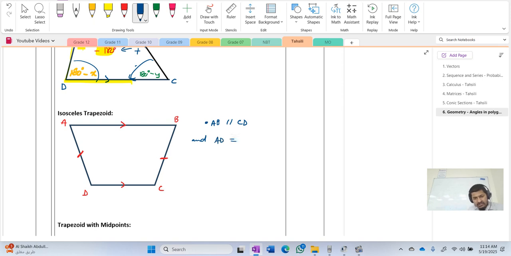Now there's also an important property about the diagonal. If I'm drawing this diagonal, it will be exactly equal to this diagonal as well.